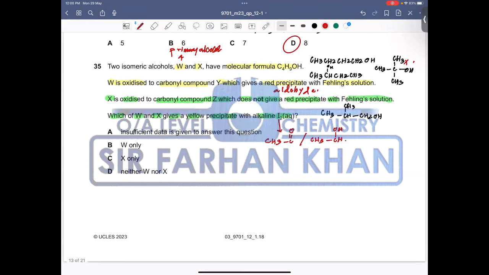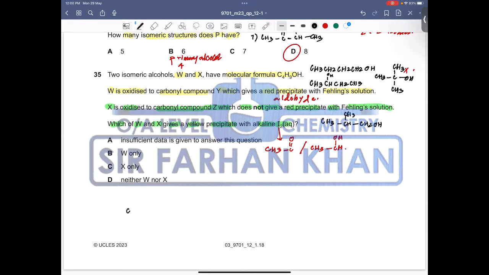So this is the structure, guys: CH3CHOHCH2CH3. This is your X, because this structure has the CH3CHOH group and will give a positive test of iodoform.